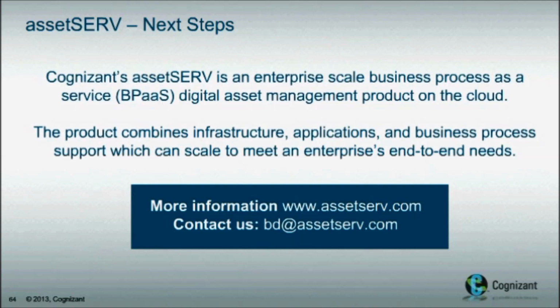So once I know that an asset is of a variety that a downstream system is looking for, maybe a WCM, a web content management system, or a publishing system, you're able to push the content down to that downstream system from assetSERV. Again, the way we position it, the way it really is in the enterprise, is the single source of truth for the digital assets of an enterprise. And so that's really where assetSERV shines, in the ability to leverage metadata to drive usage of assets, to drive the utilization of assets, and really to make it the robust system that helps an enterprise succeed.